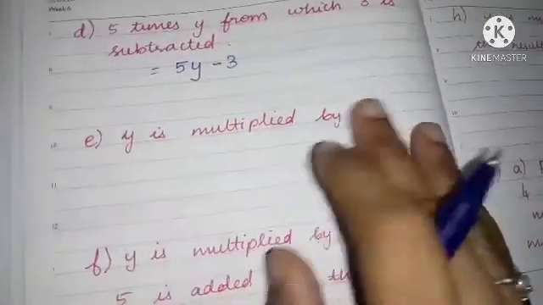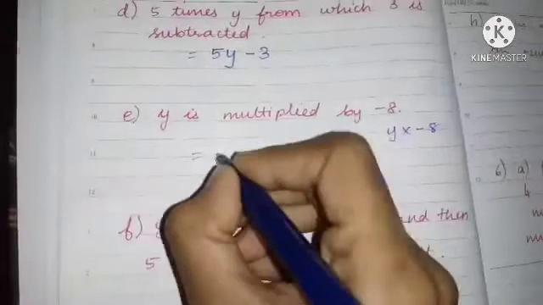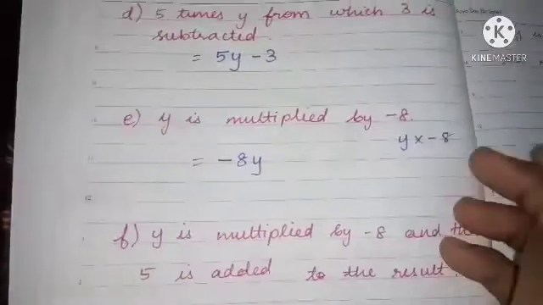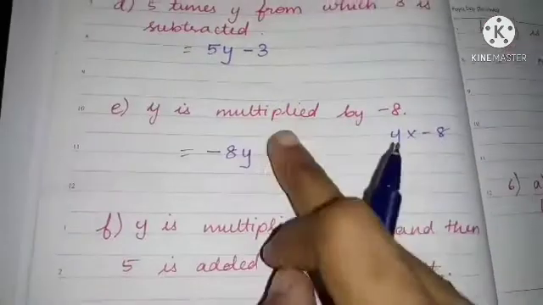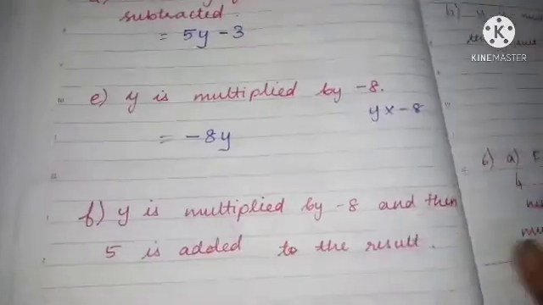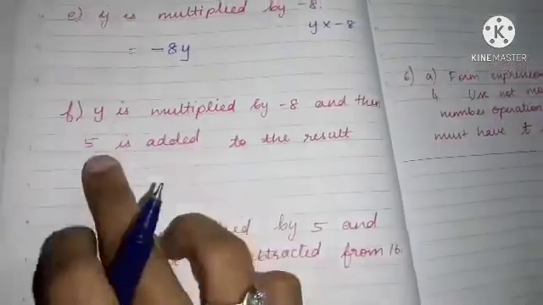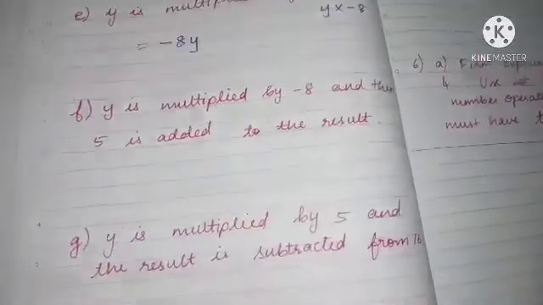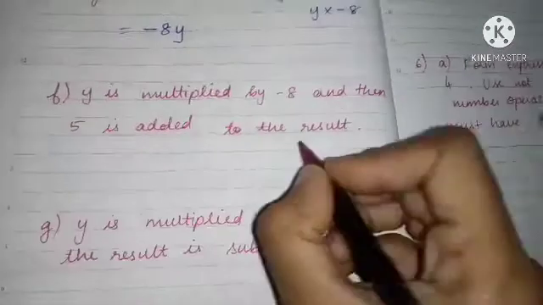Y is multiplied by minus 8. Y into minus 8, what is the answer? Minus 8y, because the variable should be in the front. Y is multiplied by minus 8, then 5 is added to the result. Wait a minute.